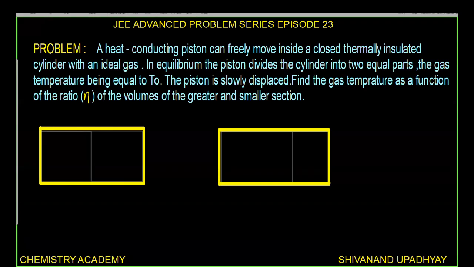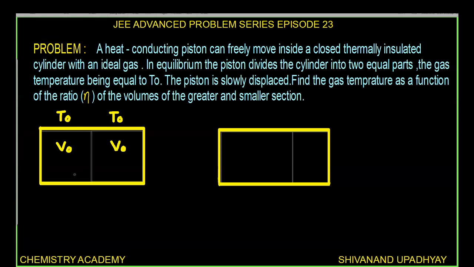Initially, if T naught is the temperature on the left hand side, then T naught is the temperature on the right hand side, because the system is in equilibrium. In equilibrium, the piston divides the cylinder into two equal parts. So if the volume of the left hand side is V naught, on the right hand side also the volume will be V naught.